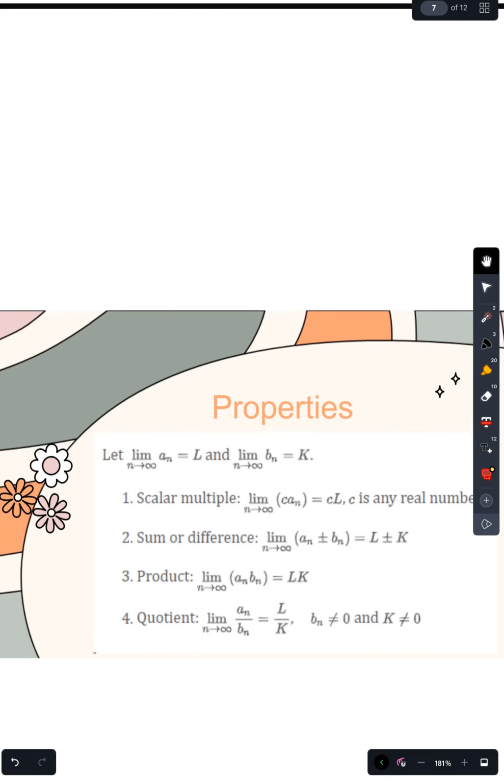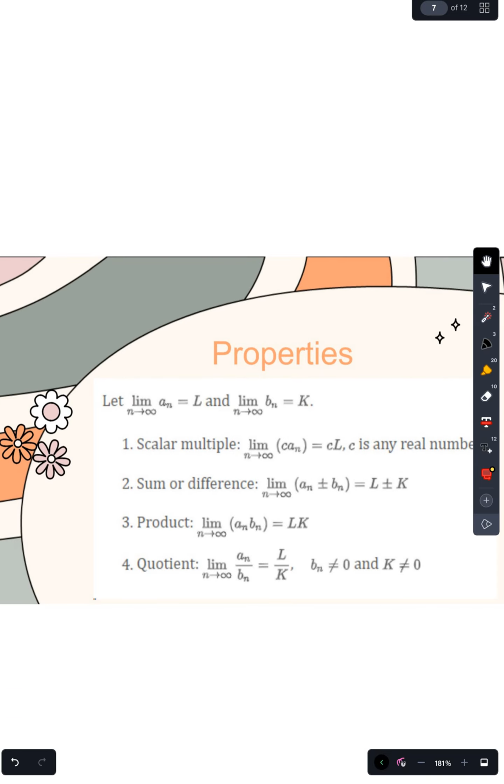Some other things to think about: just similar to our limit properties, we also can use those same properties when we're taking the limits of our sequences. So we can multiply by scalars, meaning that if I have some sequence and I know that that sequence approaches L, then I can just take that constant and multiply it together.